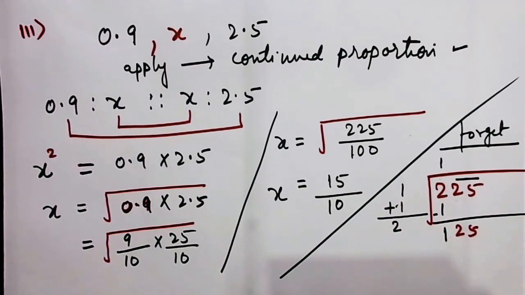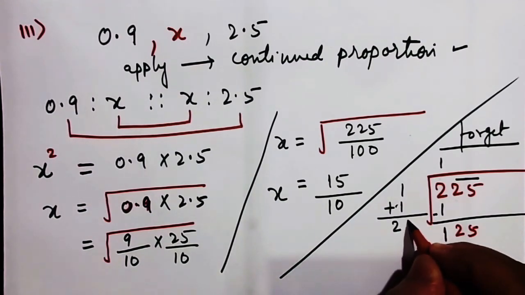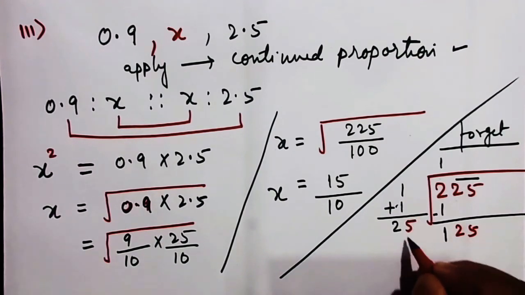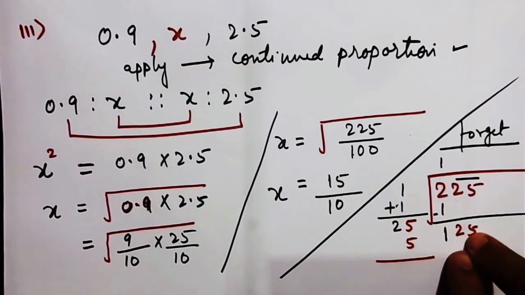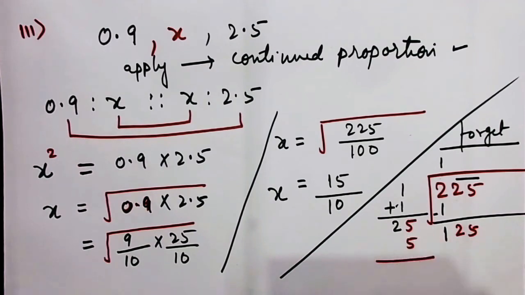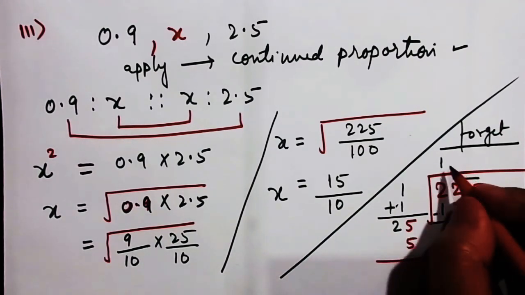Next we have to keep a number over here such that when we multiply this by the same number, we should get this number. So I found that if I take 5 over here and multiply both of them by 5, I will get 125, and this 5 should be written over here.